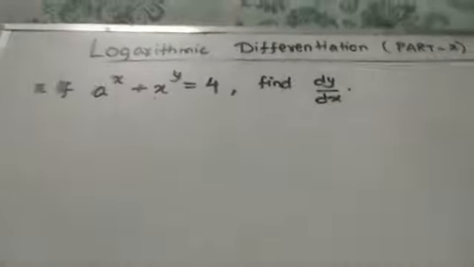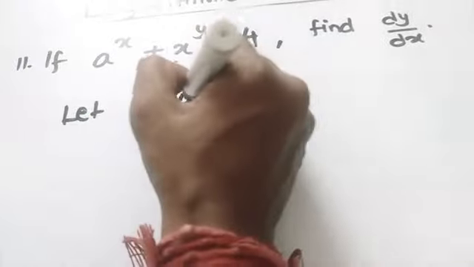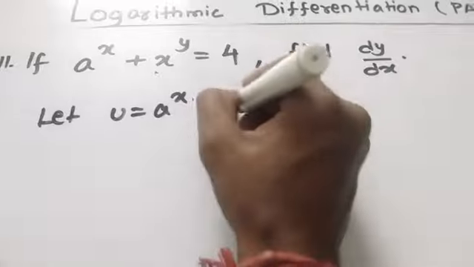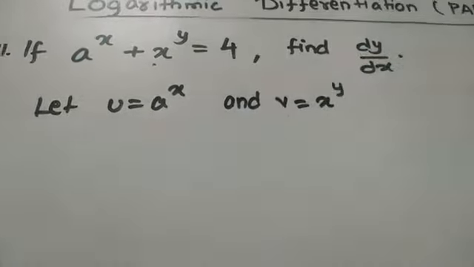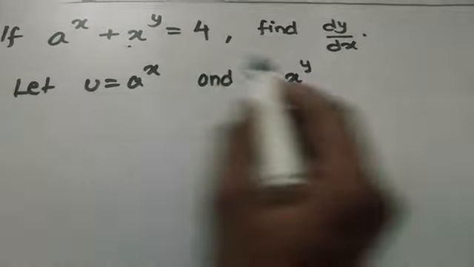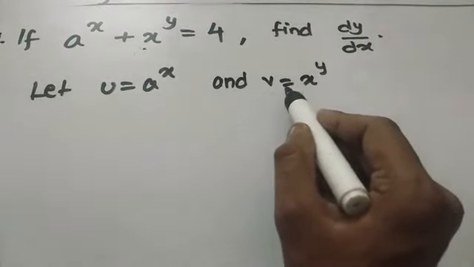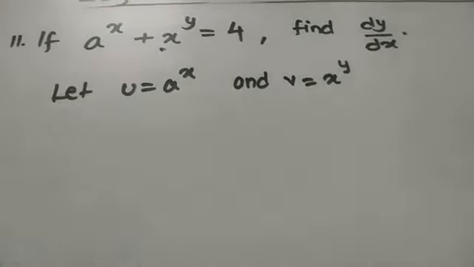Very simple. We will assume that u equals a to the power x and v equals x to the power y. For this we will find du by dx, and for this we will find dv by dx, and then we'll put them here and get our answer.